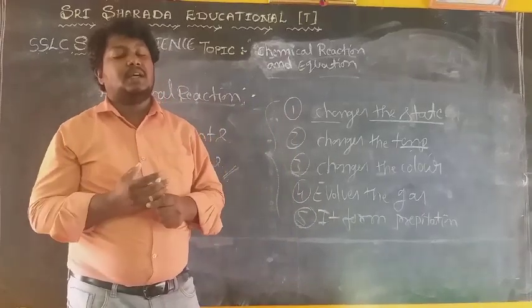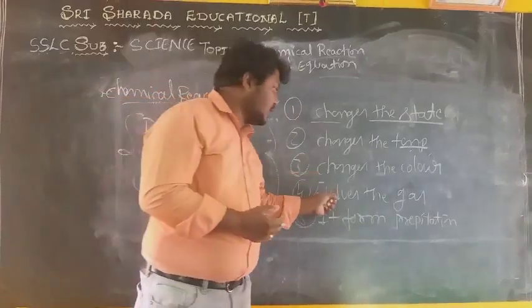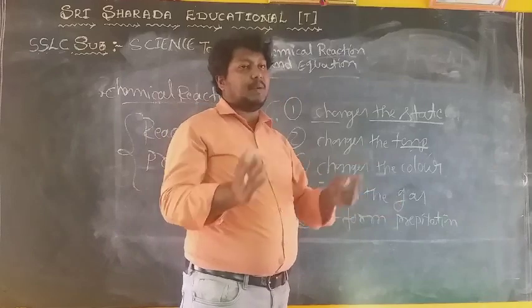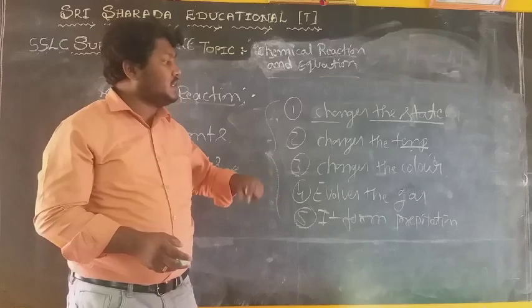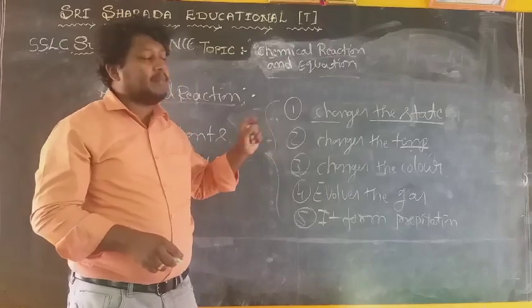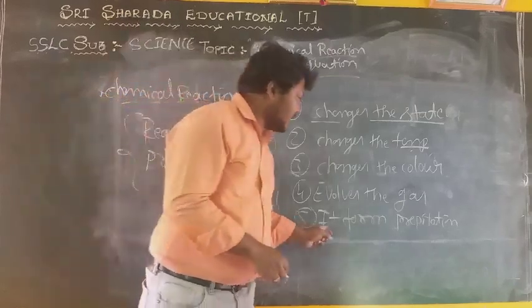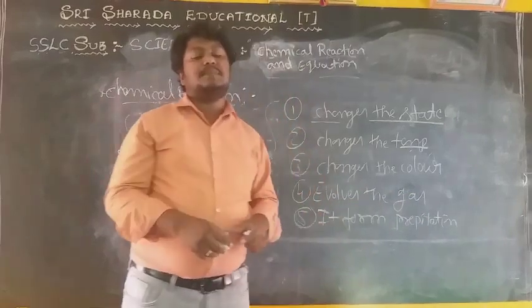So like that we can see the evolution of gases, either hydrogen or oxygen or chlorine or any others, is also part of the chemical reaction, and it also forms precipitation.